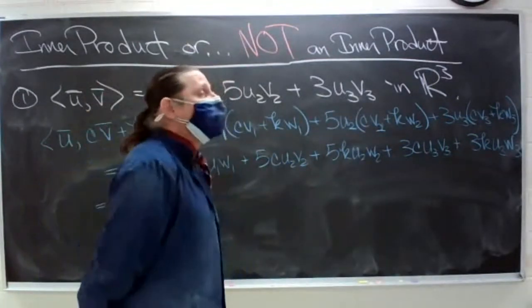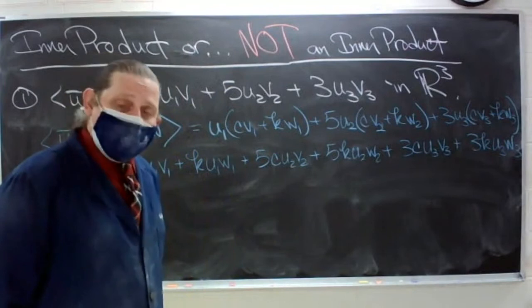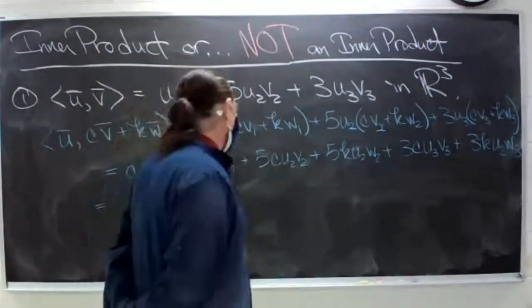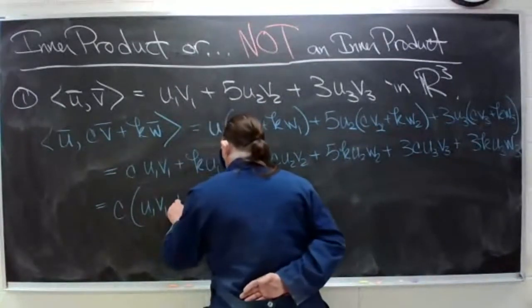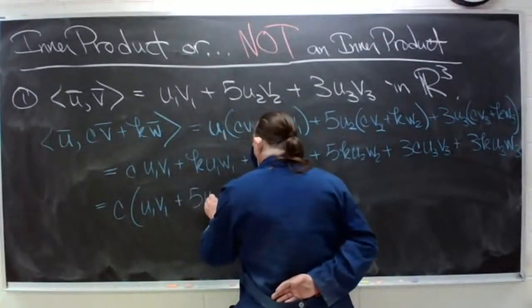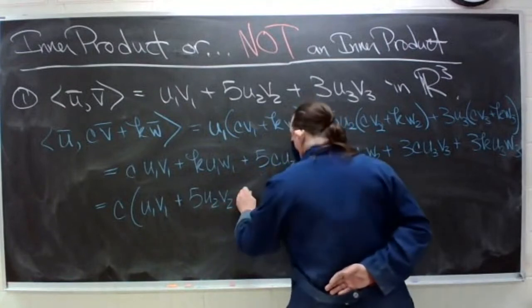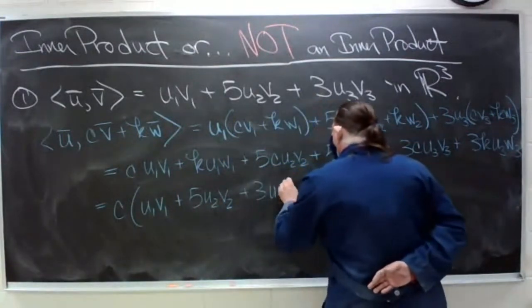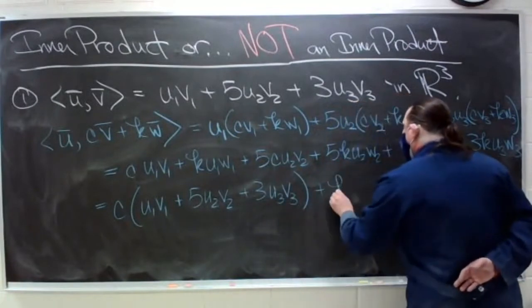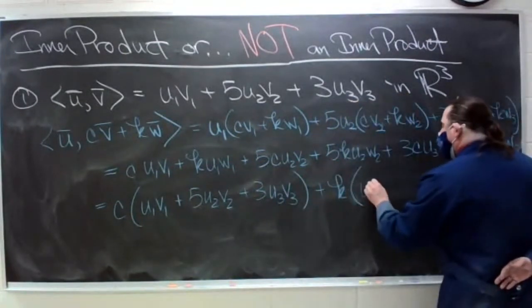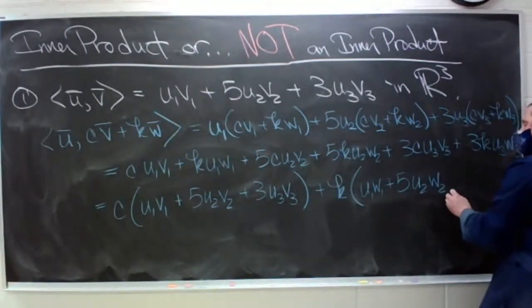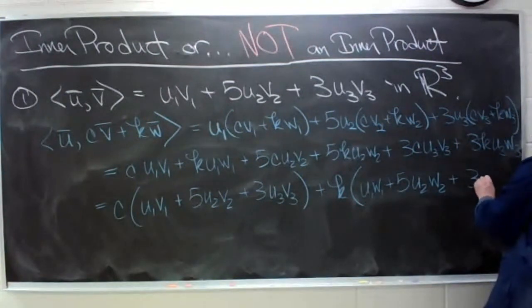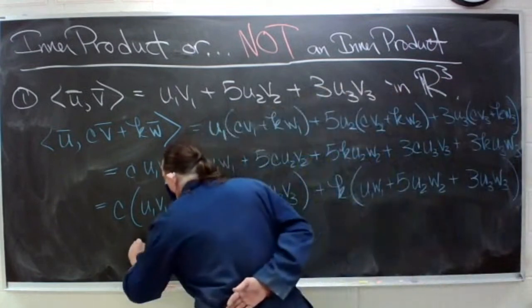And then I'm going to use the distributive property to factor out a c and a k. So I would get c (u1 v1 plus 5 u2 v2 plus 3 u3 v3) plus k (u1 w1 plus 5 u2 w2 plus 3 u3 w3).